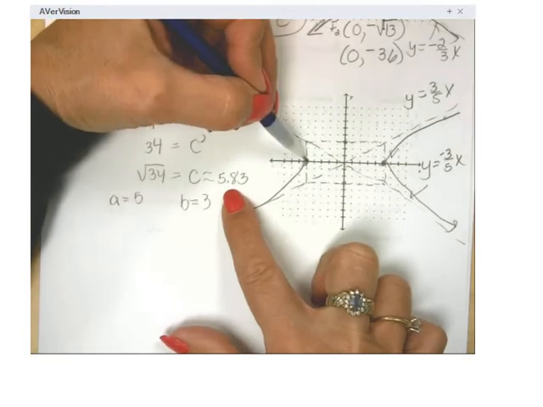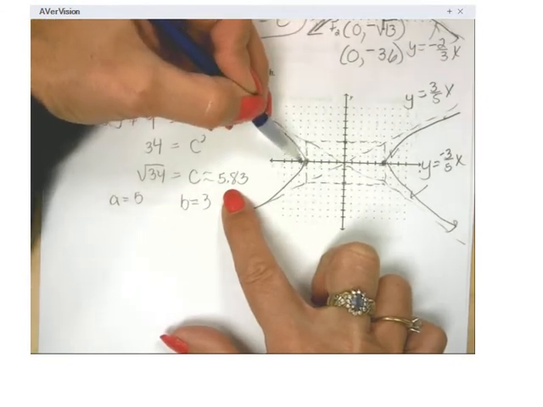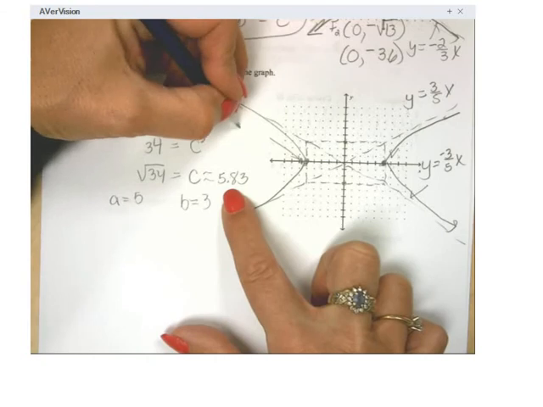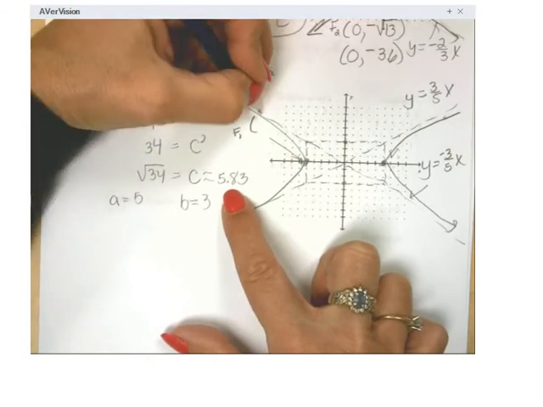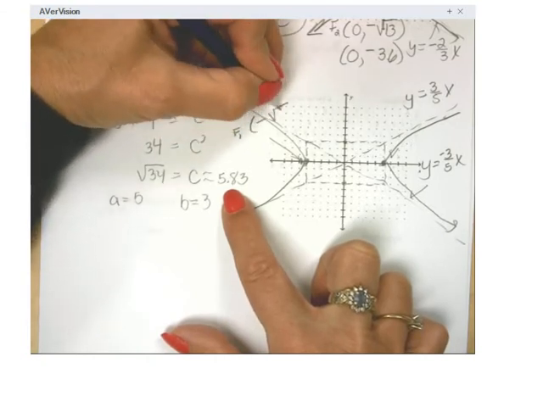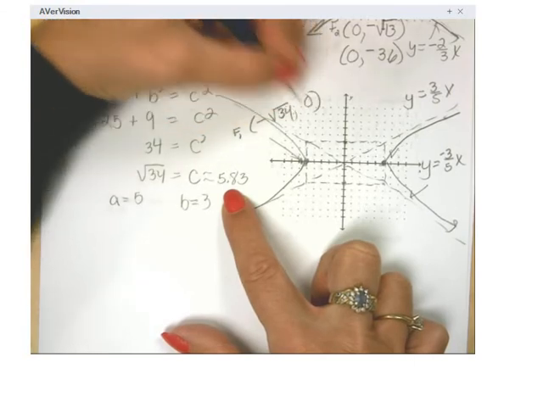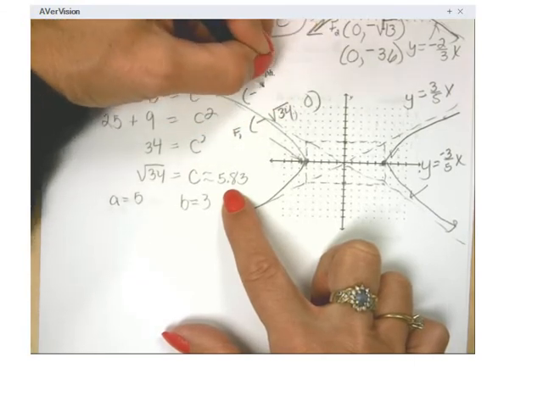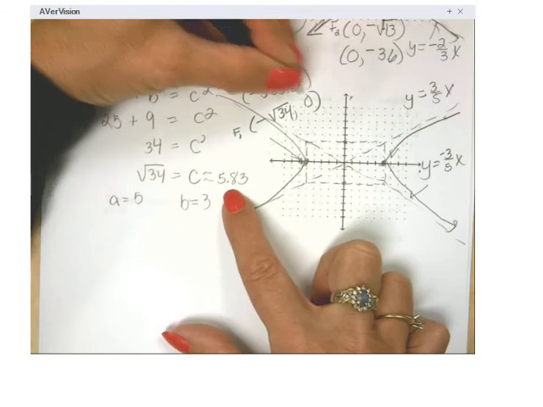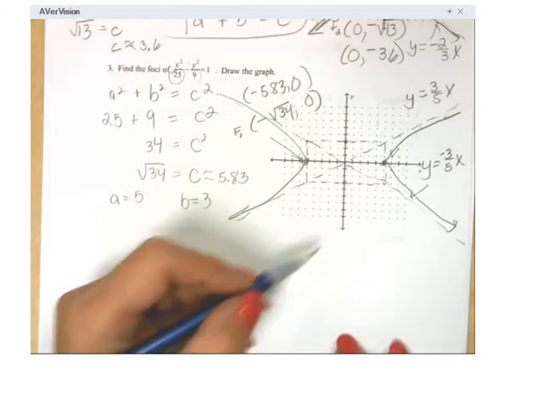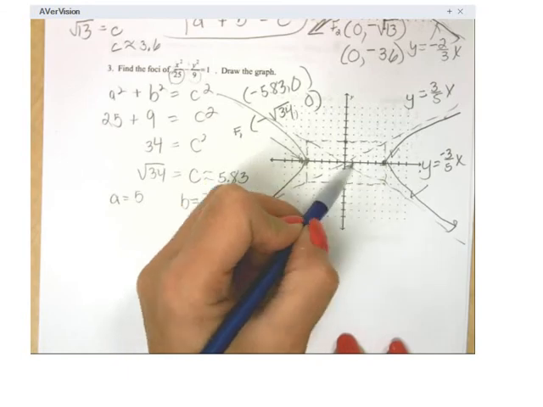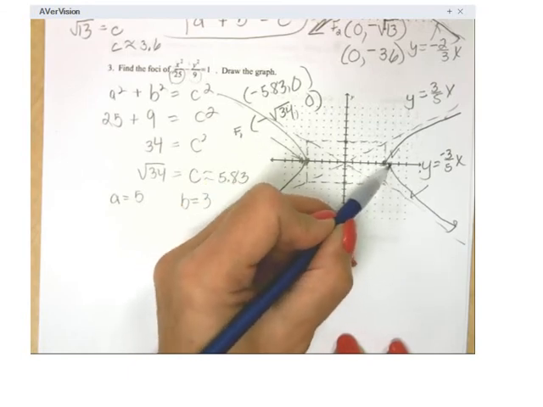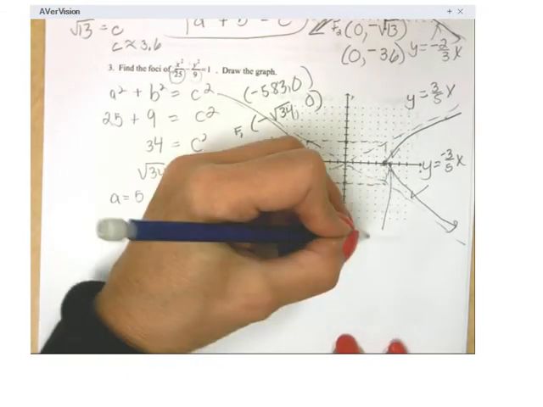And now let's get the coordinates of the foci. The focal points are always hugged by your hyperbola, just like they're hugged by your parabola. And I have, if I move out 5.8, and this was already 5 out, so right about there is one focus. And his exact coordinate is negative square root of 34, 0.